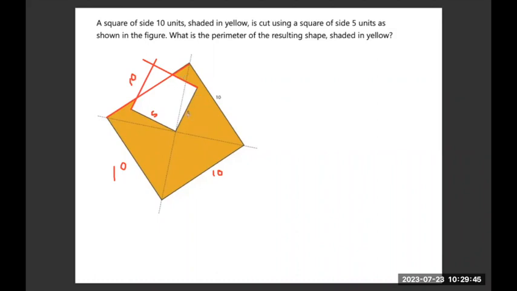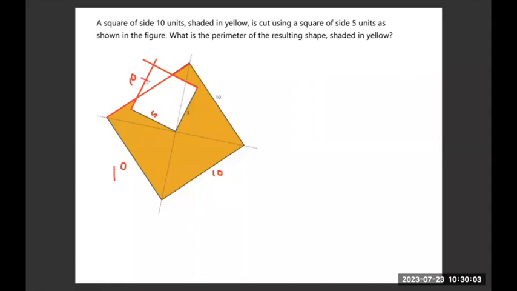Why? Because this is of course 5 by 5 by 5. The remaining parts, this part and this part and this part and this part, are all equal.